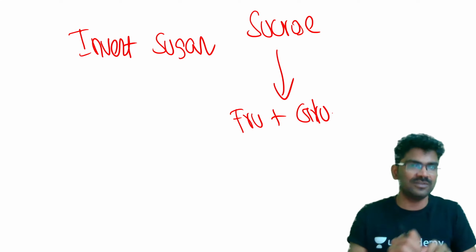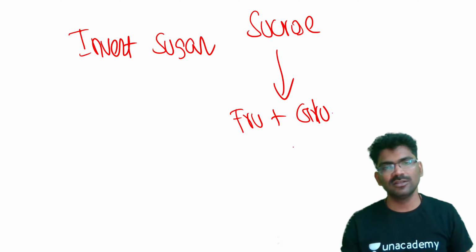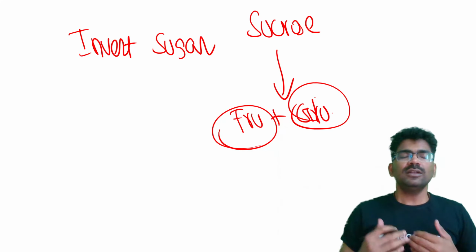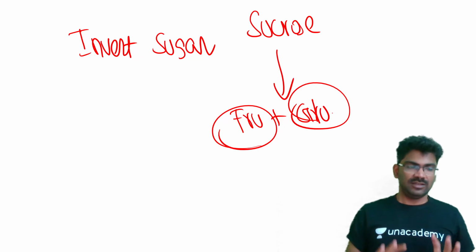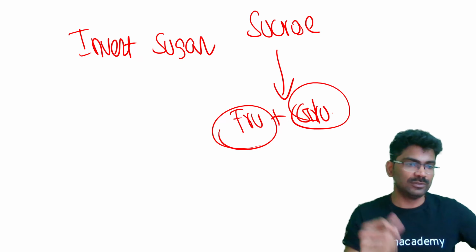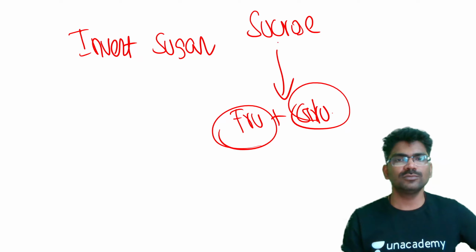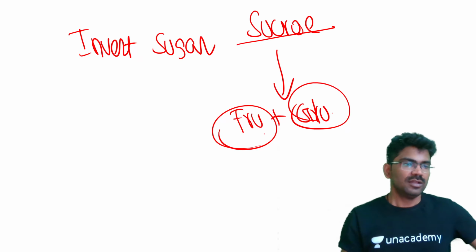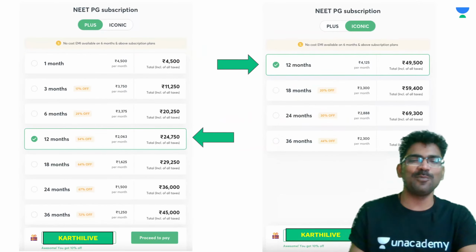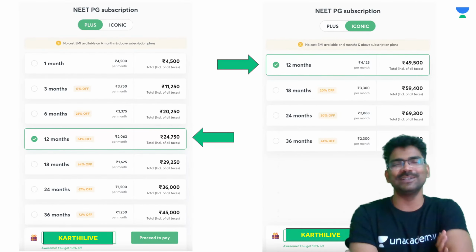Sucrose itself is not invert sugar. The hydrolysis products, right? Here the change of direction of light will be different. So I think we have deviated from the topic. We went into chemistry of carbohydrates.